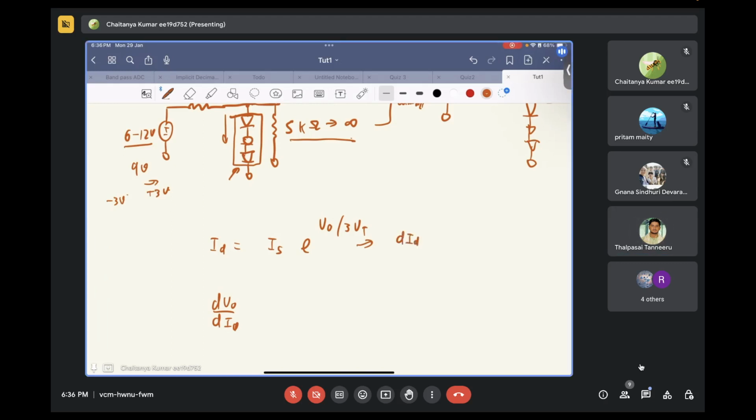So dId divided by dV naught is equal to Is times e to the power V naught by 3 Vt, divided by 3 Vt.